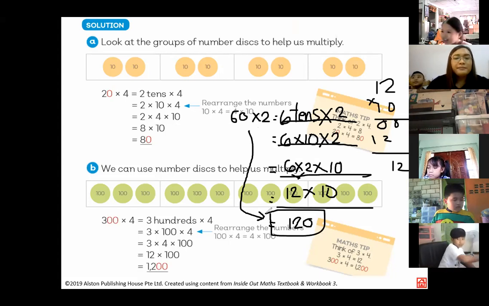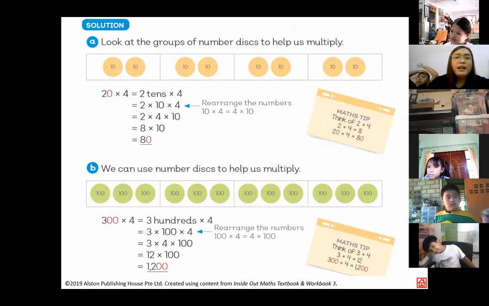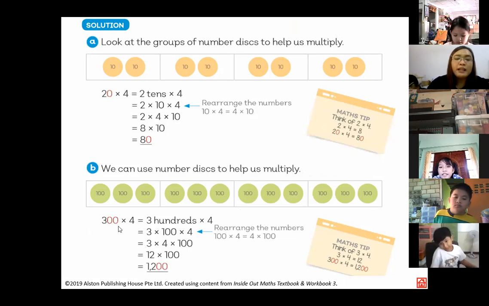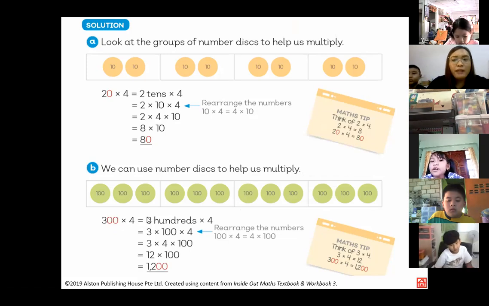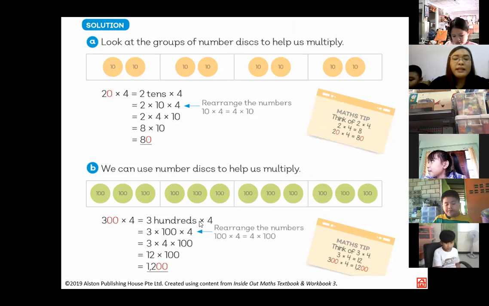Okay. All right. Now let's proceed to letter B. Letter B example: multiply 300 by 4. First we have to write 3 and then the word hundreds, times 4.